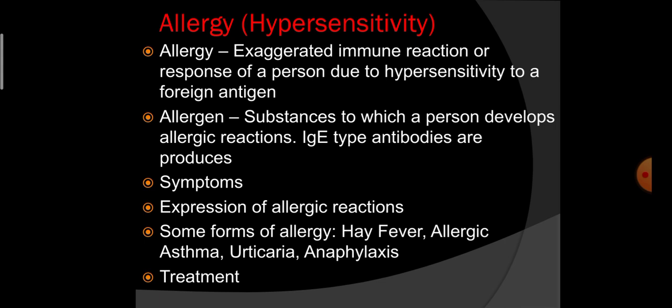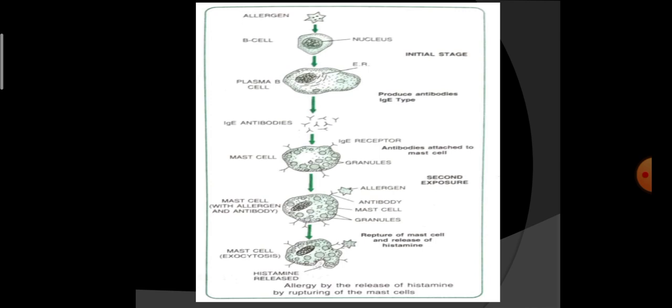If antihistamine is given, it will suppress the histamine that is produced. Steroids are given in severe conditions like asthma. Adrenaline is given, which reduces the symptoms of allergy. All these medications are provided.